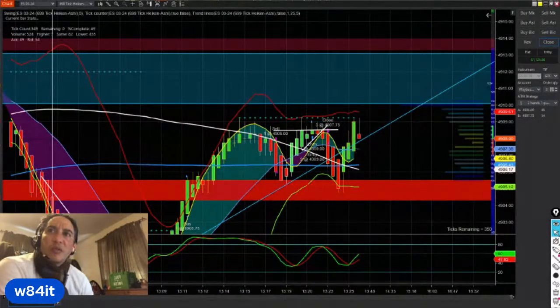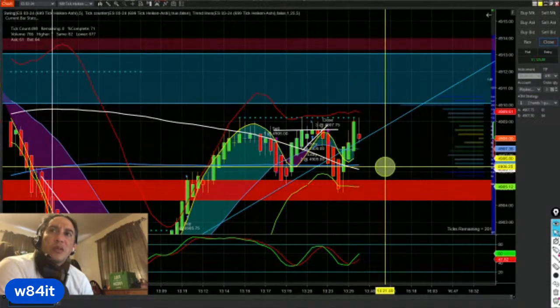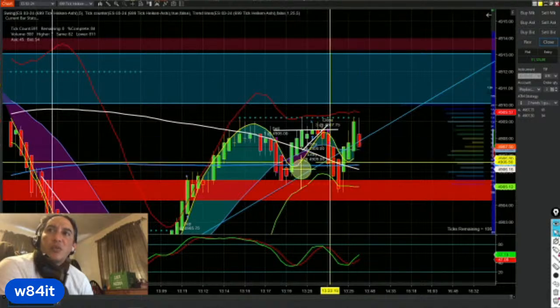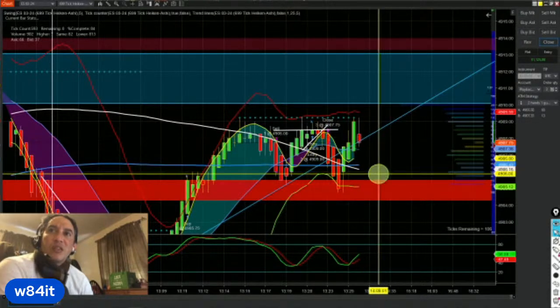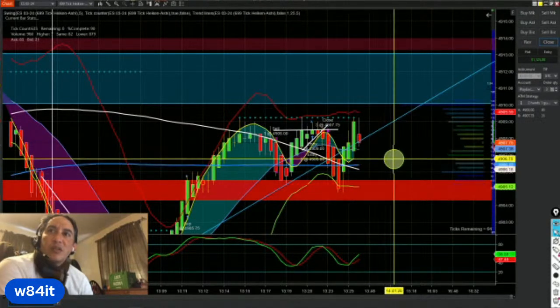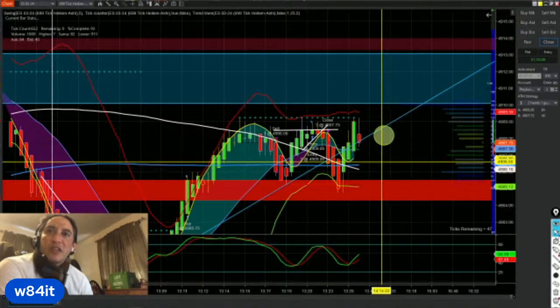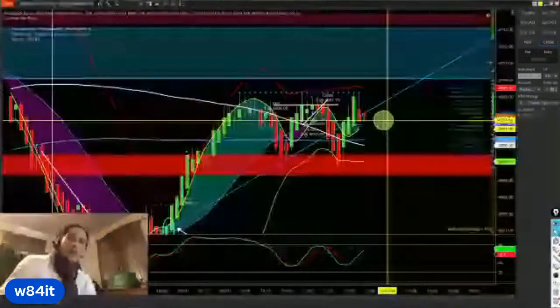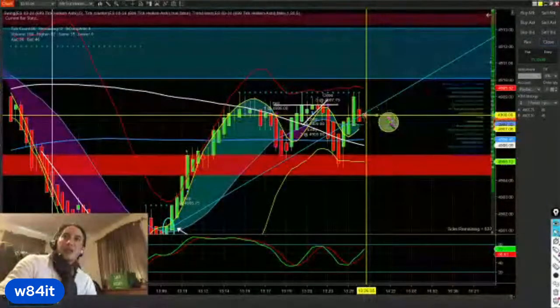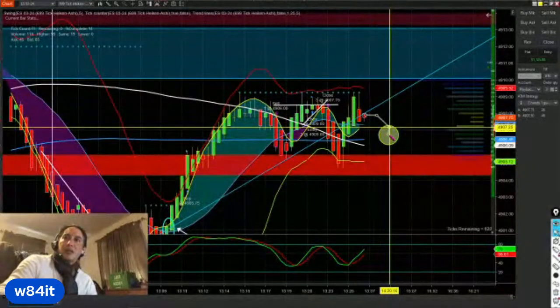Hopefully it pulls all the way back down and reignites. Or, because it broke the trend line here, it should do a candle here and then a little bit of a push right into this area and then go up. So it should look like that.